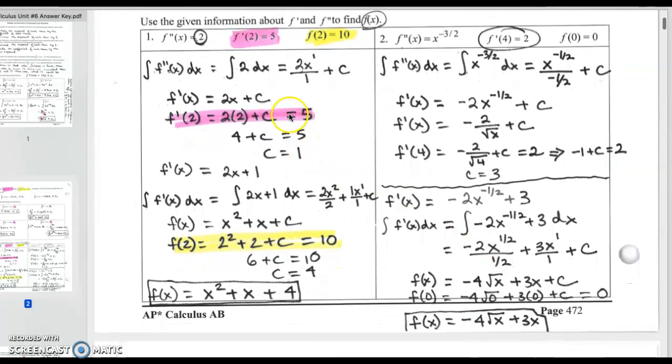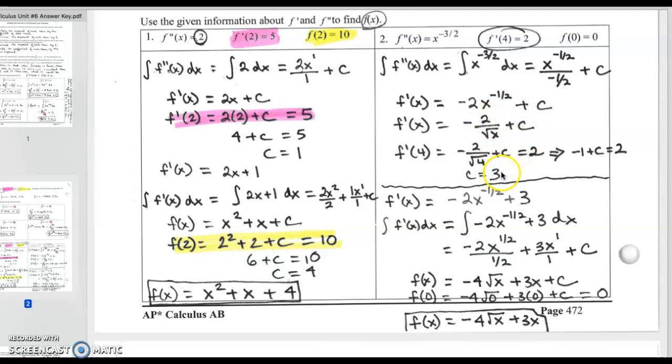You can see he shows a lot more work than what I did, which is fine. But I think you can evidently see that f prime of x is 2x plus 1 here, x squared plus x plus 4. I showed a little bit less work, but you can hit pause and watch it. And then you can see on this work over here, f prime of x was that, he even wrote it the way I did, negative 2 over root x plus 3.